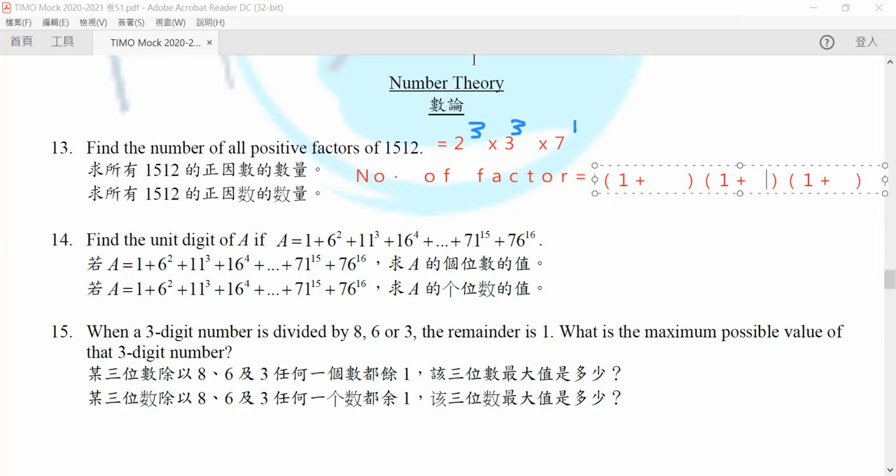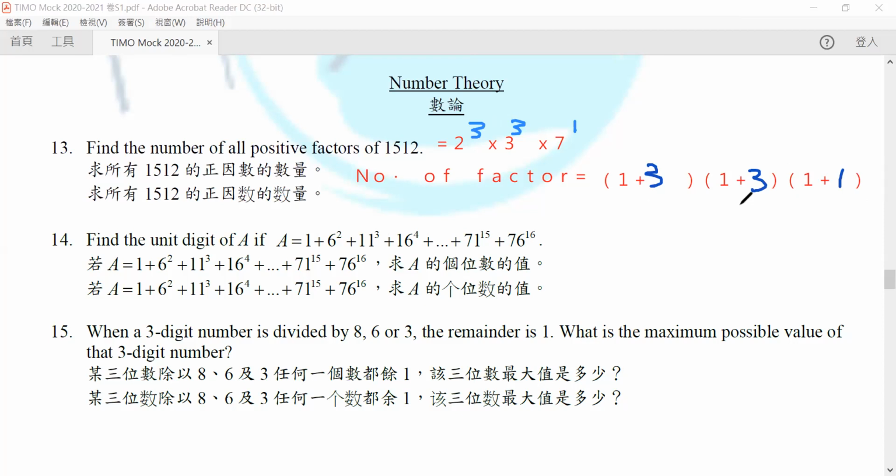If we write that down, we just need to add back all the numbers into it. The number of factors is (1 plus 3) times (1 plus 3) times (1 plus 1). If we prime factorize our numbers and put all the exponents of these prime factors into this equation, we just add 1 to each and then multiply them together.